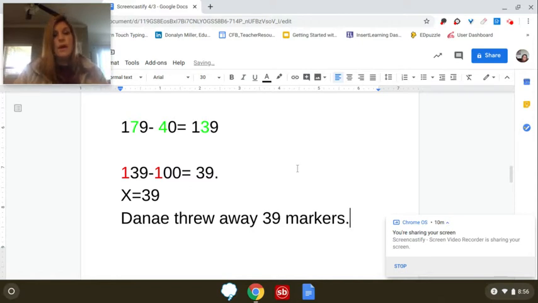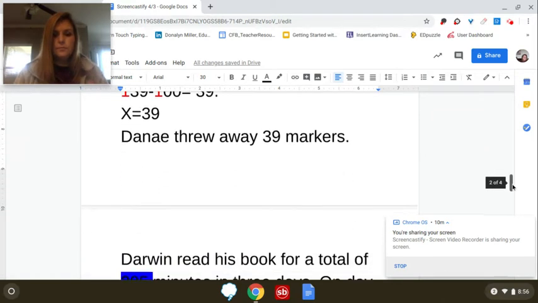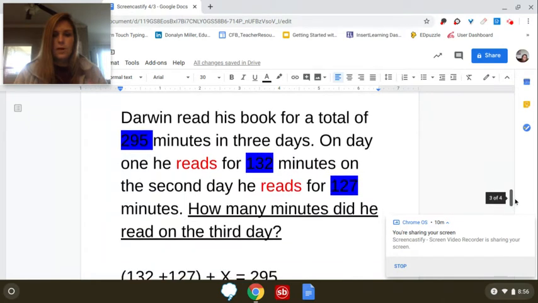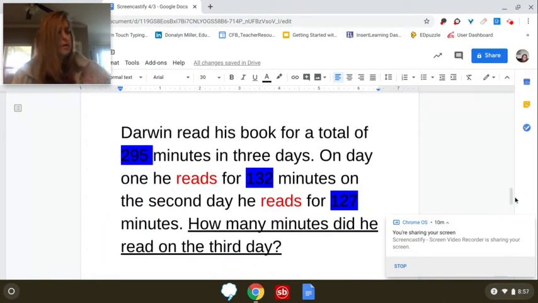Okay? And that is the first problem. Let's try another one here. So here's going to be our problem, and we'll try this one. Notice too on that last one that my sentence addressed what was happening in the first problem.